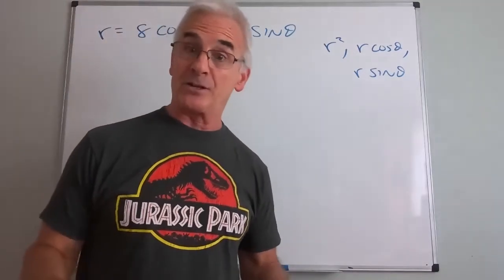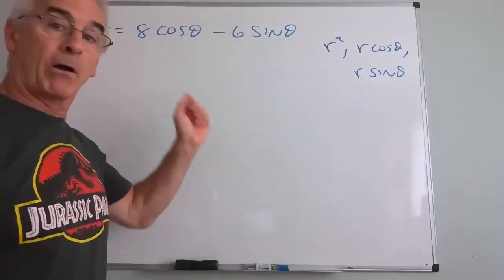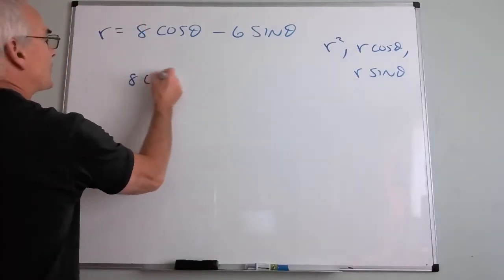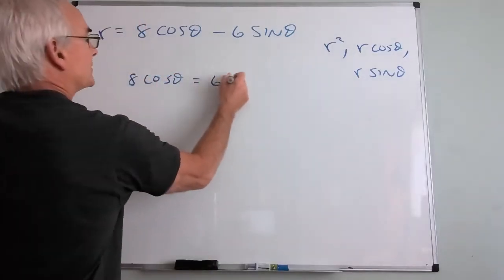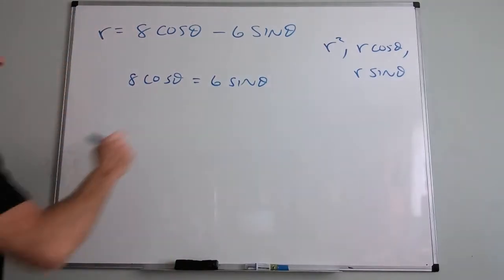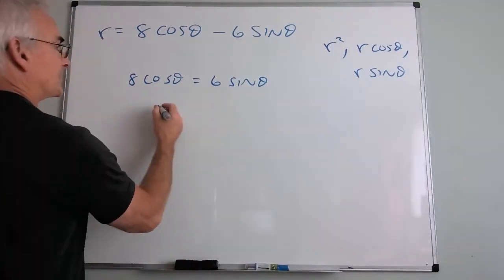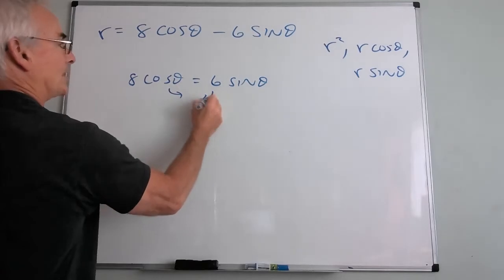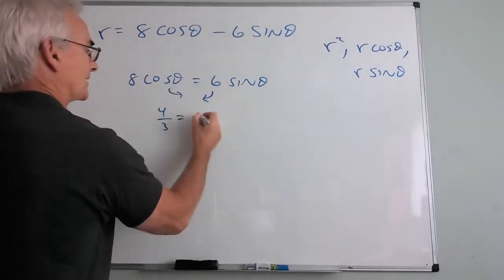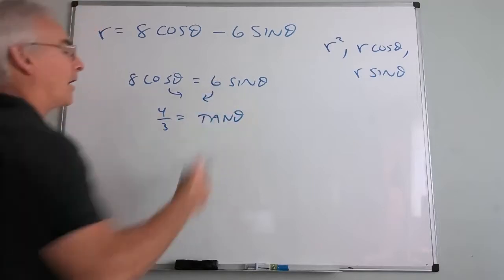Yikes. So the question is, can this r ever be 0? Well, if 8 cos theta were to equal 6 sine theta, that would make r equal to 0. Well, let's see if I manipulate this. Let me move the cosine that way and the 6 this way. So 8 over 6, or 4/3, equals sine over cosine.